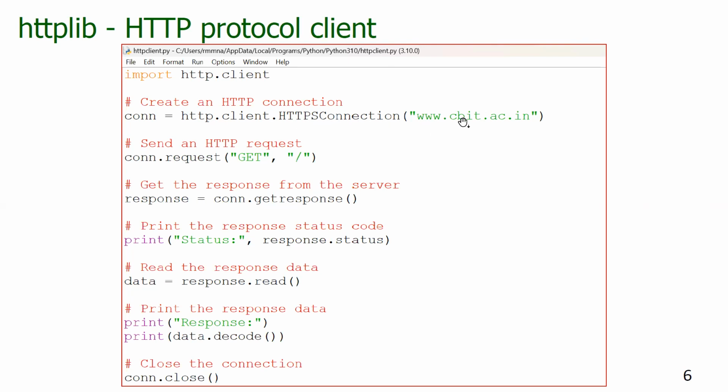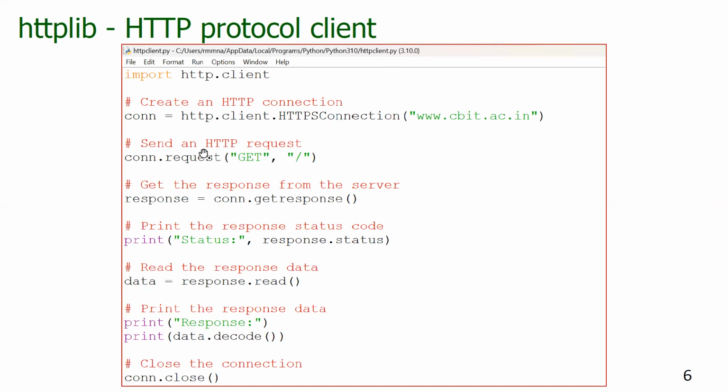Then you have to create an HTTP connection using http.client.HTTPSConnection. Whatever URL you want to retrieve, let us give a sample URL. For example, here I have given www.cbit.ac.in, let us assume this is an institution name. So first we create an HTTP connection using the HTTPSConnection method.